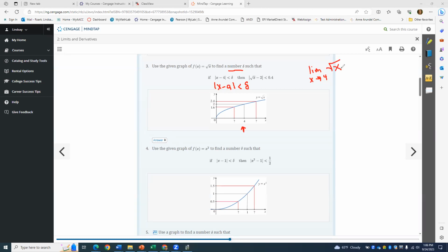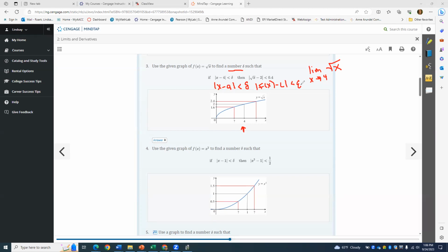And we could do this. We could just plug in 4 and say, oh, the square root of 4 is 2. I know that. We could figure that out. But they even say it here in the other part of the definition, which says the absolute value of f of x minus L is less than epsilon. So just to match piece for piece, square root of x is f of x.